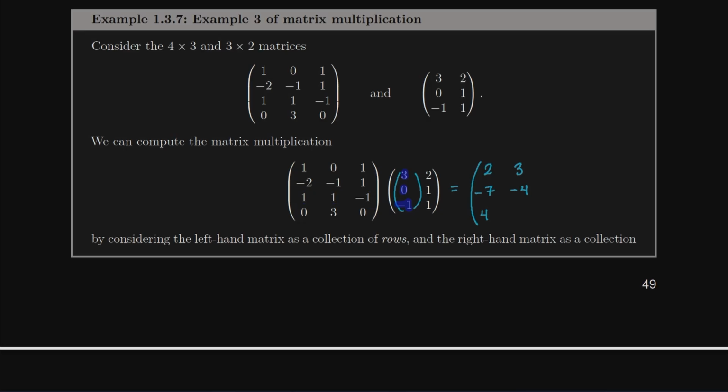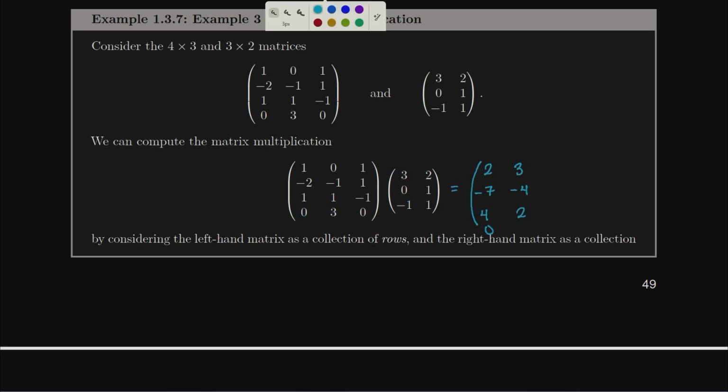Then I can take the third row against the second column, which is going to give me a 1 times 2, which is 2, plus 1 times 1, which is 3, plus negative 1 times 1 sends me back to 2. And then finally, I will do the fourth row against the first column, which will be 0 times 3 is 0, plus 3 times 0 is still 0, plus 0 times negative 1 is still 0. And so I will have a 0 in the overlap of the fourth row and the first column.